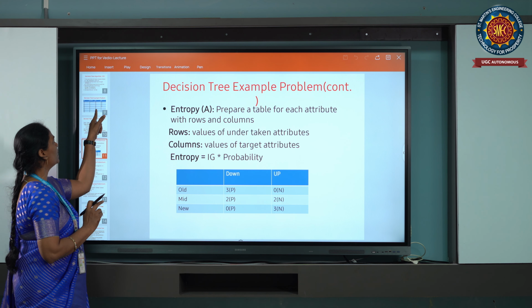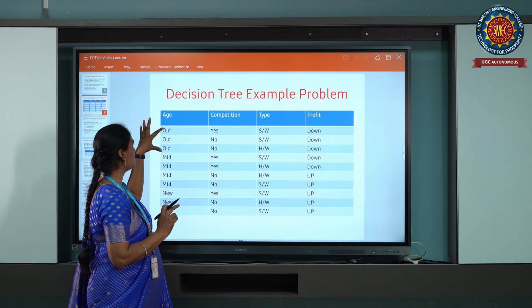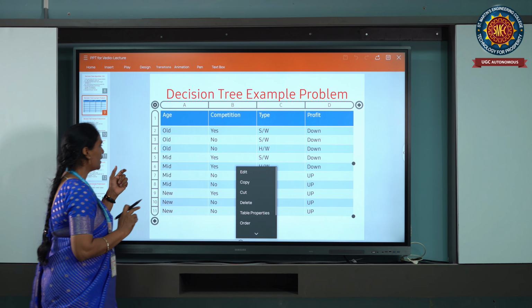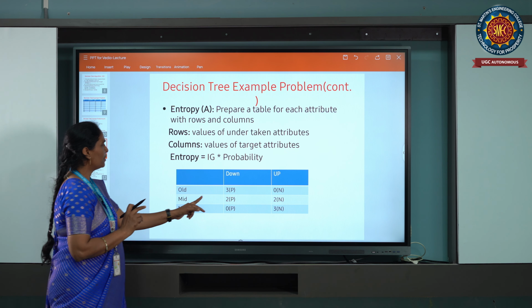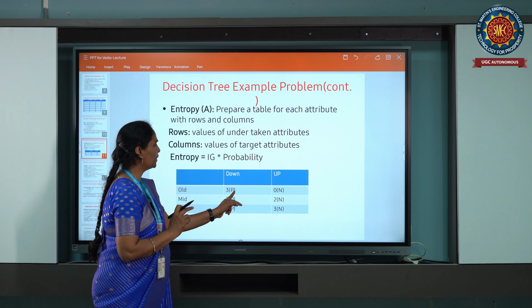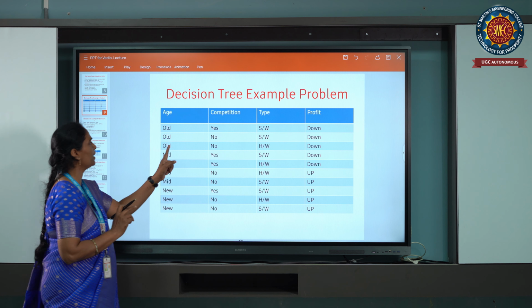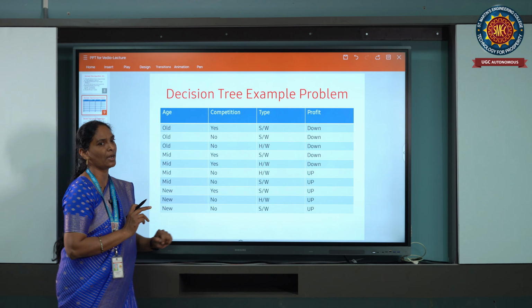So how many downs are there in the old, that we have to see here. So in age of the old, the profit down counts are 3. So we can see three down counts and up counts are 0 there. Okay, so by this one, how many ups are there for old? There are no ups, so that is 0 up count there.